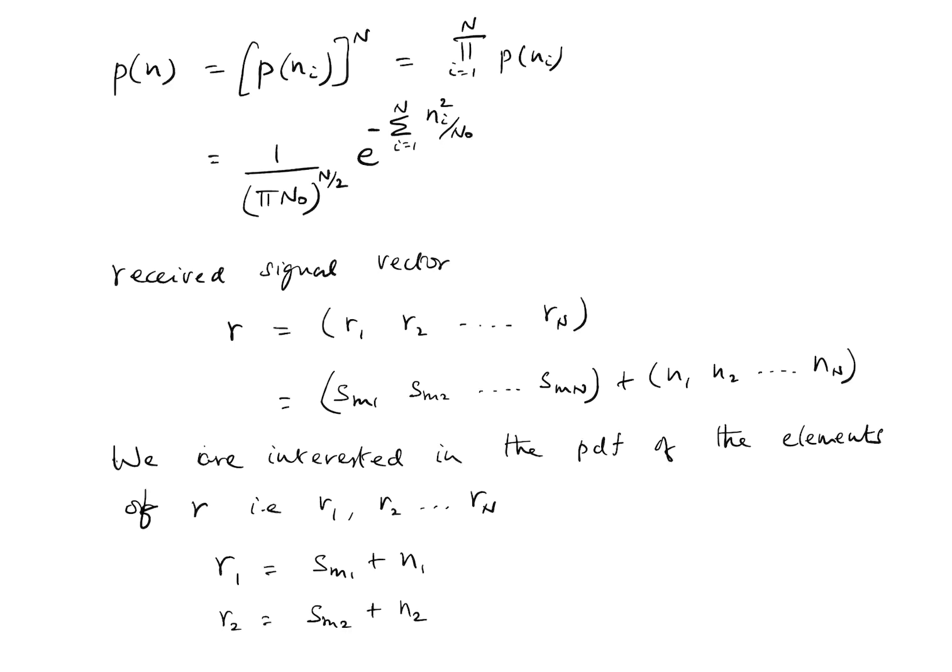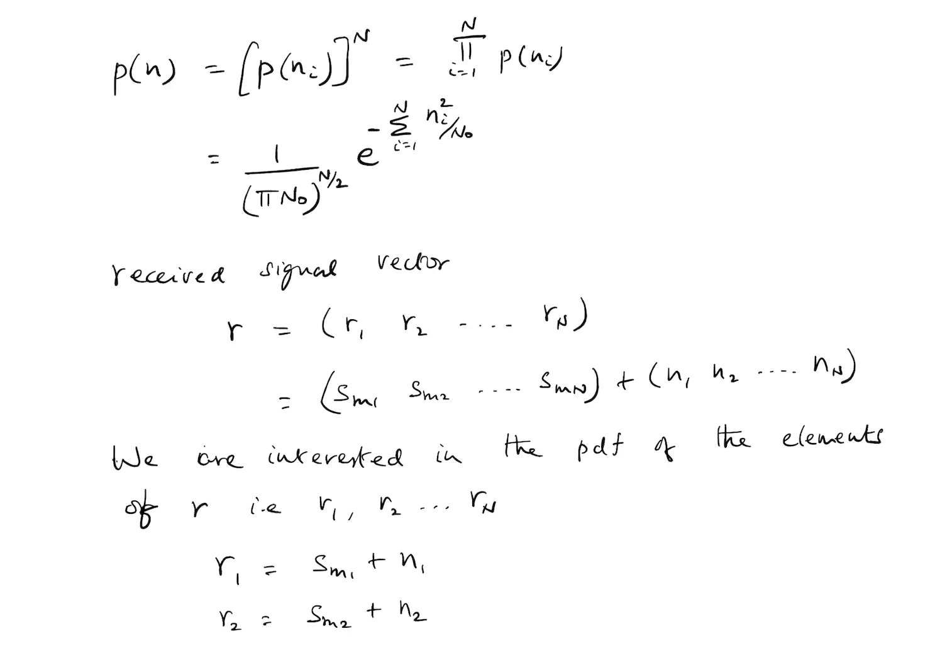Now our bigger objective is to find the PDF of the received signal vector on the condition that any particular one of the m signals has been transmitted. So we want to find the conditional PDF of the received signal vector r on the condition that a particular Sm of t has been transmitted.